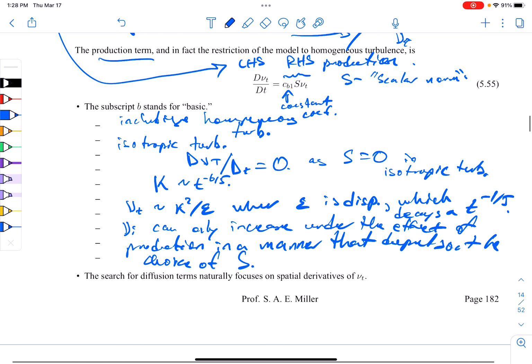And they're going to look at this choice of S in later parts of their model, but this statement here is just seen as the classical behavior of shear flows.